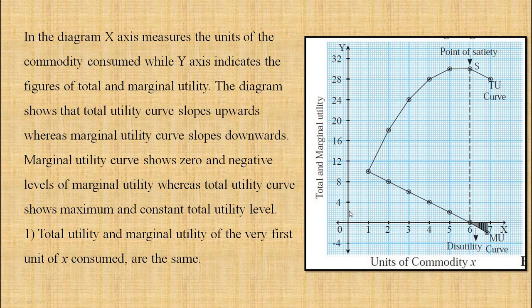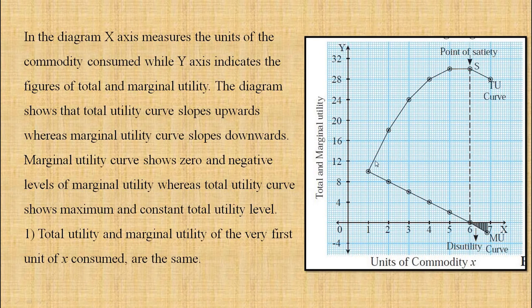The diagram shows that the total utility curve slopes upwards from here. According to the table, we got the points. From the first unit, we got 10 total utility, so the first point is here. The total utility curve slopes upwards from 10 to 18, then 24, then 28, then 30 where it is constant, and then it is coming down.